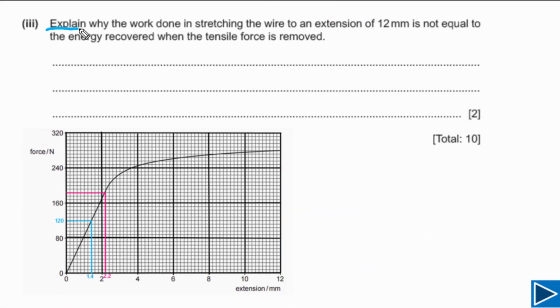For the last part, we need to explain why the work done in stretching the wire to an extension of 12 millimeter is not equal to the energy recovered when the tensile force is removed. This question is just based on the previous concept we have discussed about strain energy.